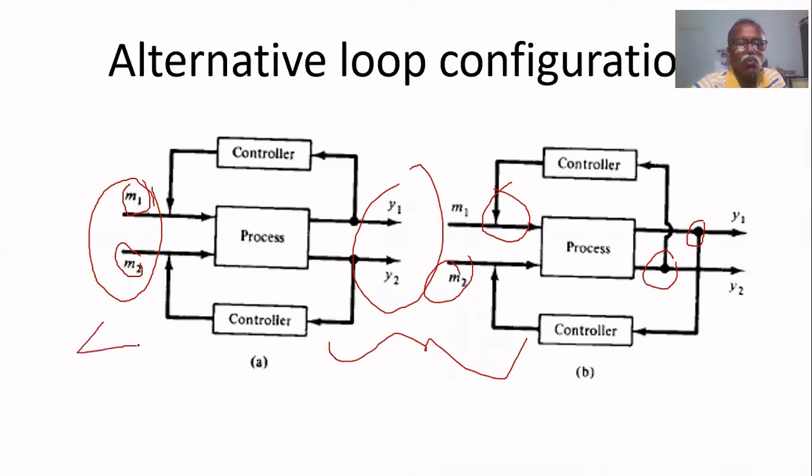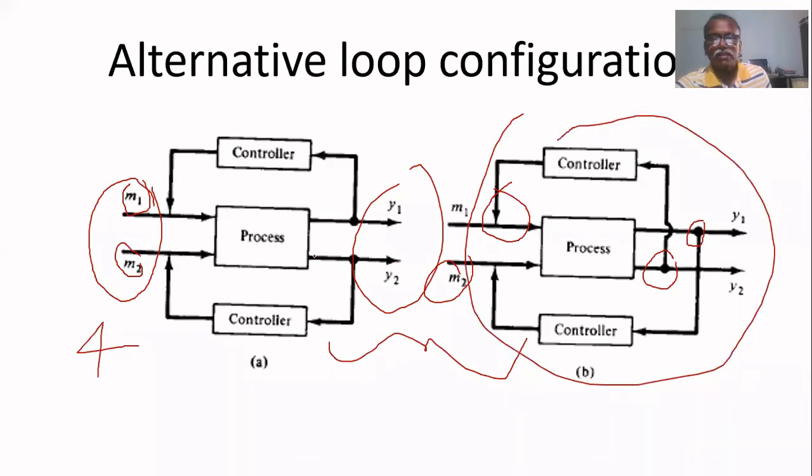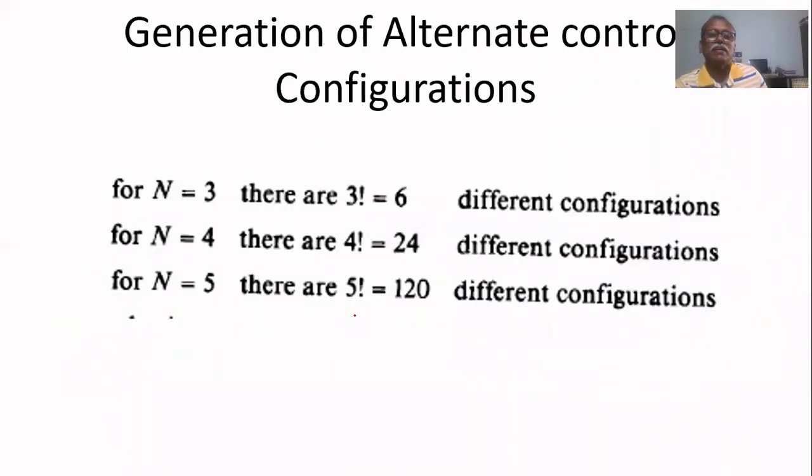If there are four process variables and four manipulated variables, the number of possible combinations for this four-variable MIMO process will be 24, which is 4 factorial.